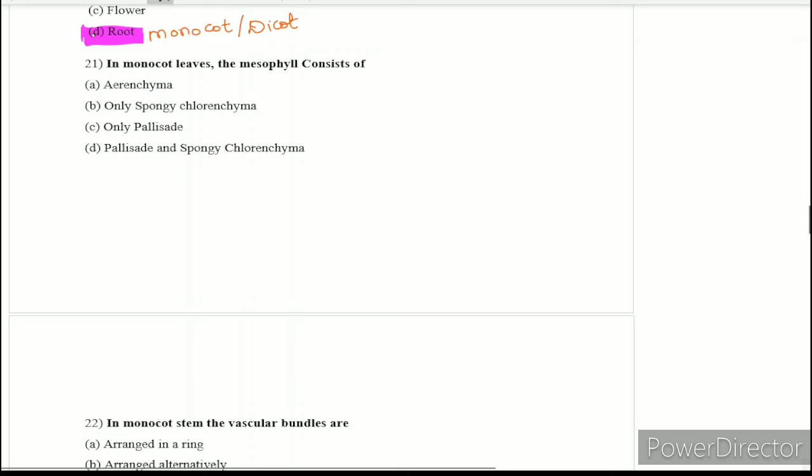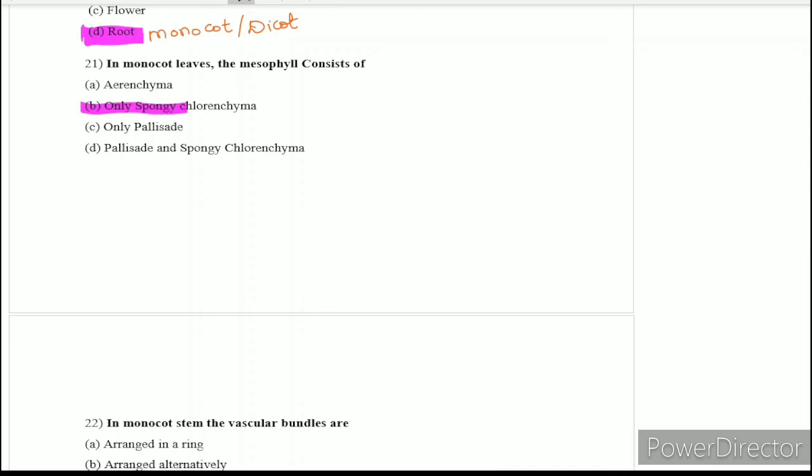In a monocot leaf, there is no differentiation of mesophyll cells. It is only spongy chlorenchyma because there is no palisade parenchyma present. So this is the correct answer.